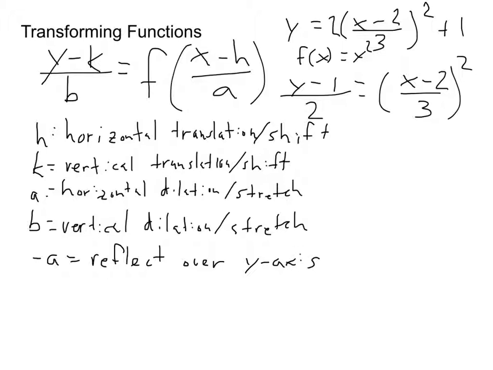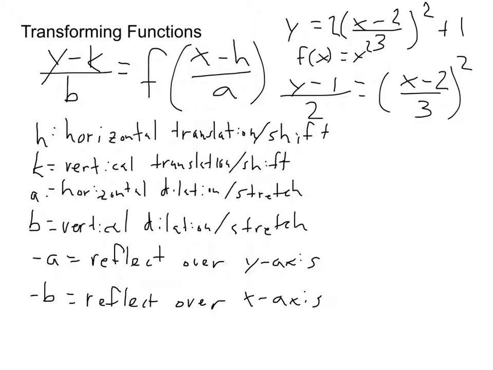If we have a negative b value, that reflects the parent function over the x-axis, because b affects the y values. If the y values change from positive to negative, that reflects it over the x-axis. Okay, so if we just stick with this, we can describe how any parent function is going to transform.